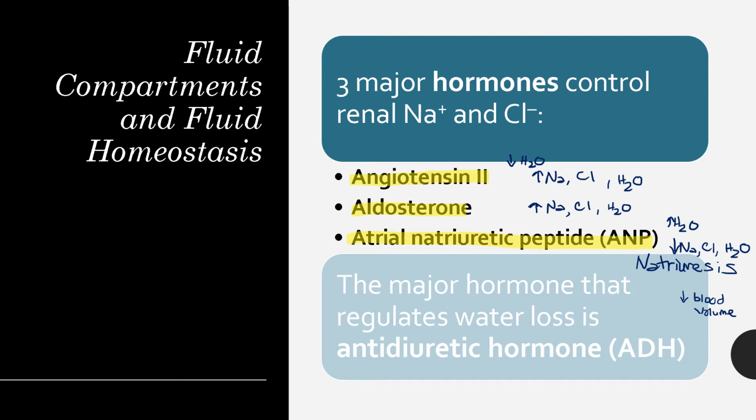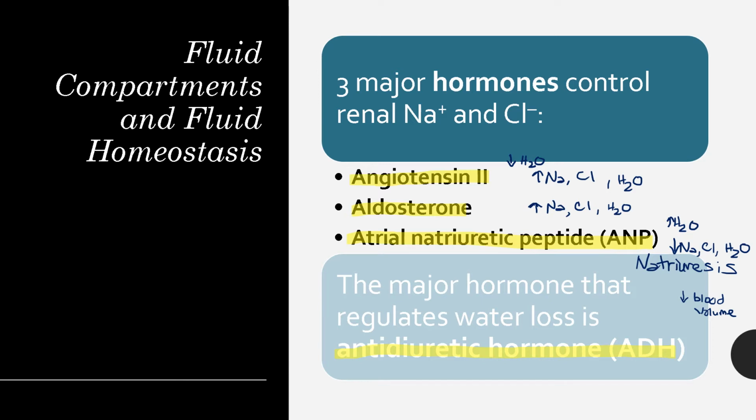Now, the major hormone that regulates water loss is the antidiuretic hormone, or ADH. Now, this hormone is produced by the neurosecretory cells that extend from the hypothalamus to the posterior pituitary.